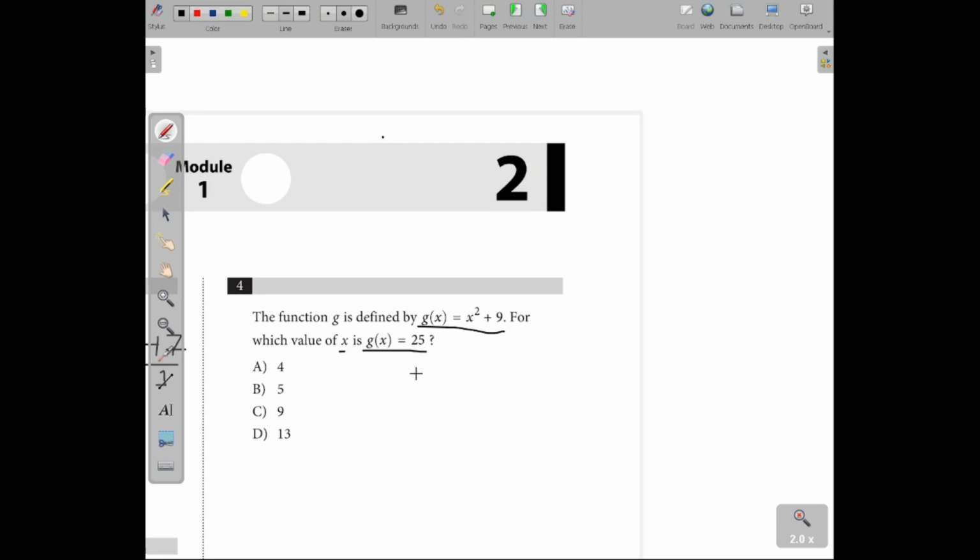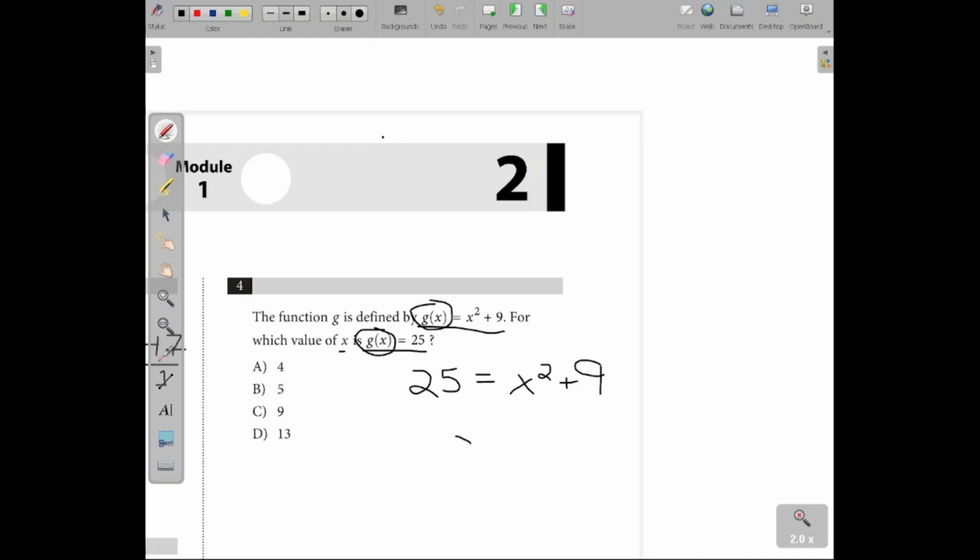Since these are the same functions, we could use this trick. 25 equal to x to the power of 2 plus 9, and we are going to find the value of x.